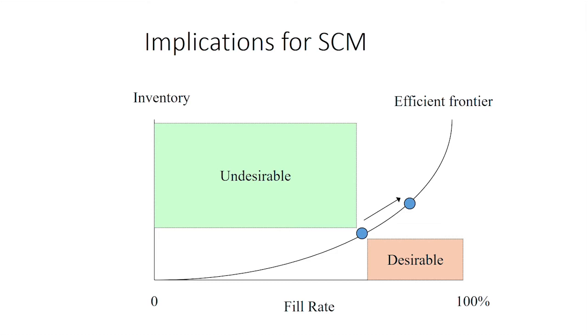But as you can see, the relationship is not linear, it is a convex line, meaning that at the start, even a small increase in inventory will give you a huge increase of fill rate. But if you want to increase the fill rate further to the right, like from 99% to 100%, you need to have much more inventory, a lot more than before.